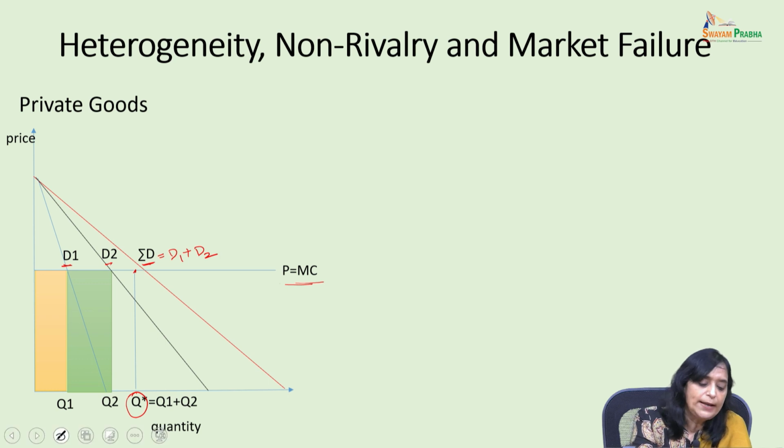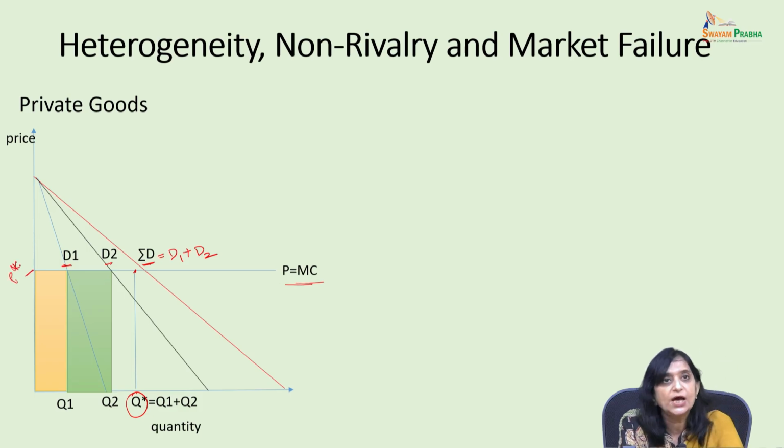Now, both of them have shown that if this is the price, let us say P star, decided by the market, person 1 is going to consume Q1 and person 2 is going to consume Q2. The total quantity will be Q star, which is equal to Q1 plus Q2.